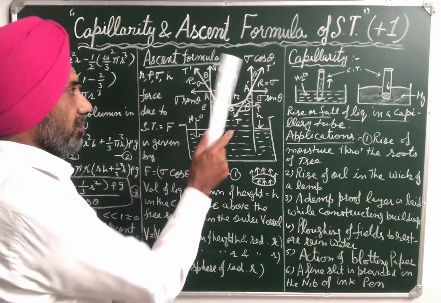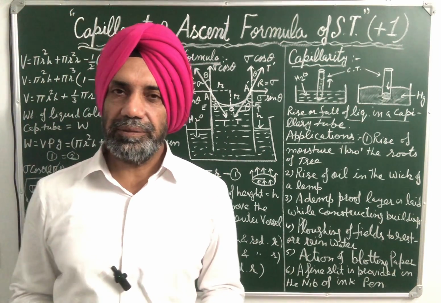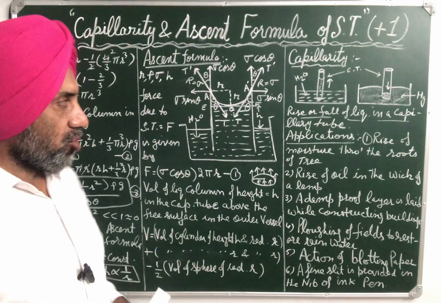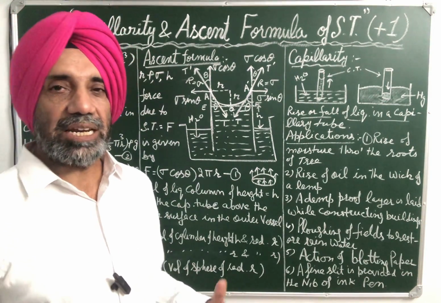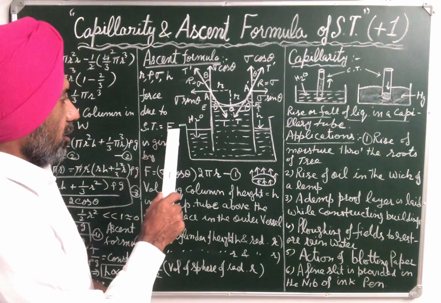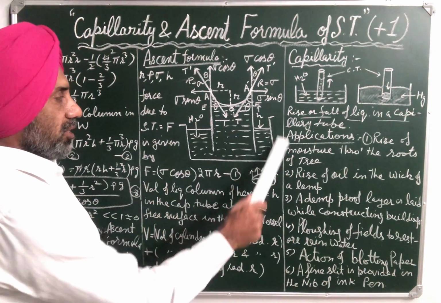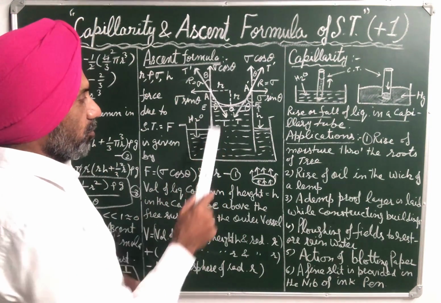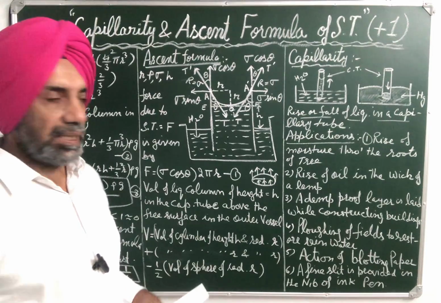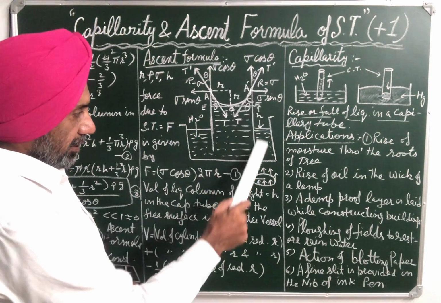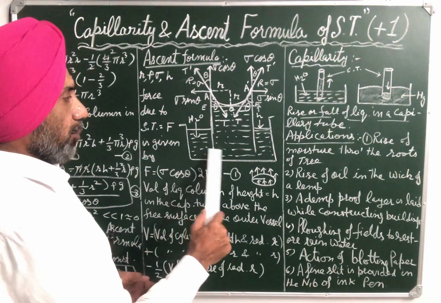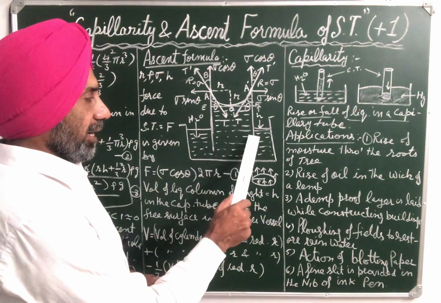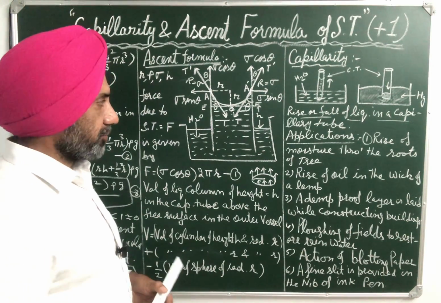So then we come to very important formula known as Ascent formula. So Ascent formula is an expression for surface tension. To understand, suppose we have a liquid, say water, in a large vessel. Let a capillary tube of radius r is held vertical so that a part of the capillary tube is dipping inside the liquid water.